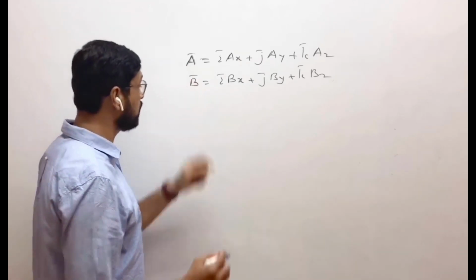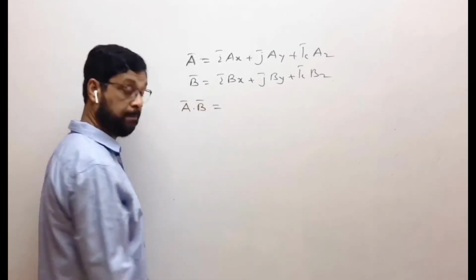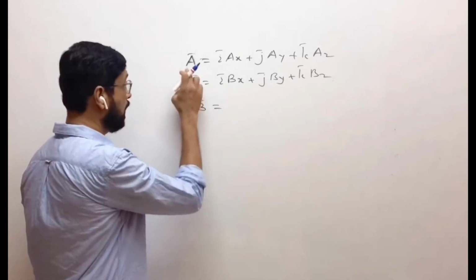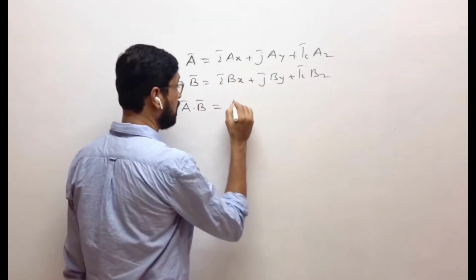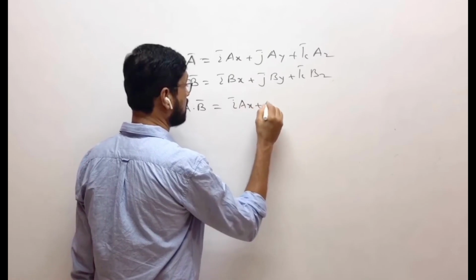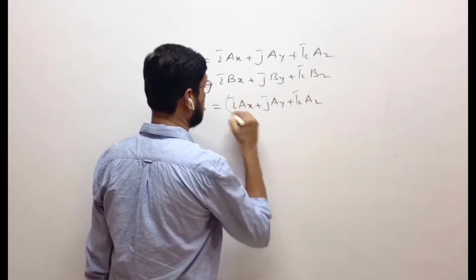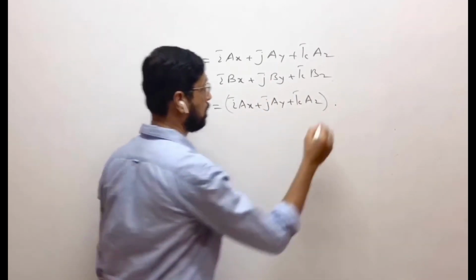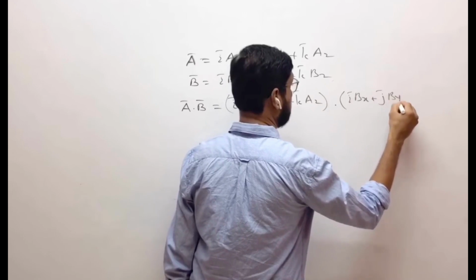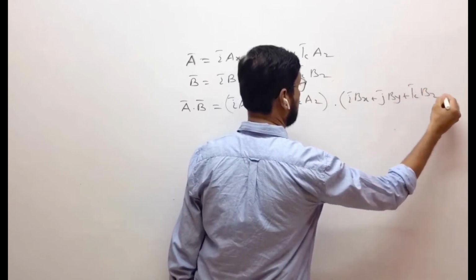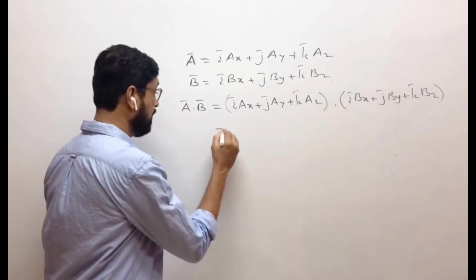Using this resolution, A dot B will be equal to what? A dot B will be equal to dot product of these two, means (iAx plus jAy plus kAz) dot (iBx plus jBy plus kBz). Agreed?